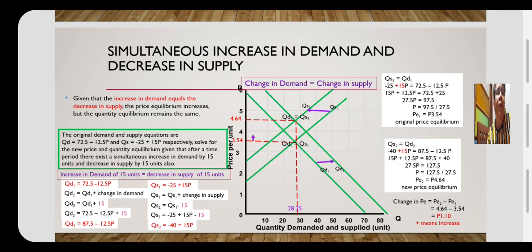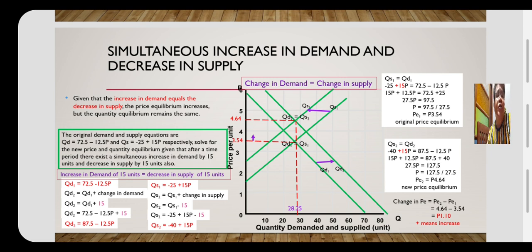So we have QD sub 1 equals QS sub 1, which corresponding value of price equilibrium is 3.54, and corresponding value of quantity equilibrium is 28.25.